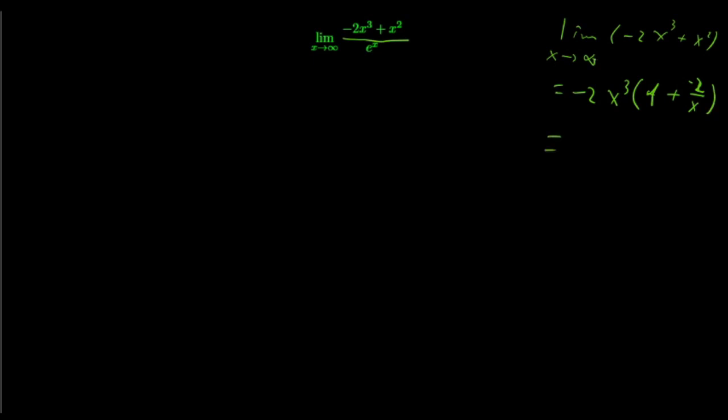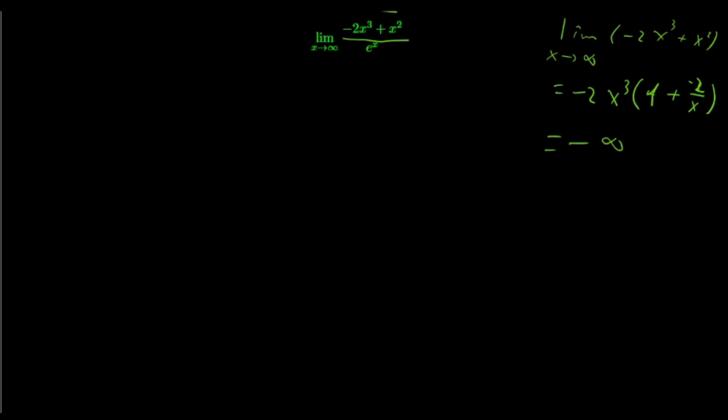So do you see as x gets larger and larger positive, this factor gets larger and larger negative? That factor gets closer and closer to 1, because negative 2 over x approaches 0, right? As x approaches infinity. So the answer is negative infinity. I'm trying to say the limit of the numerator is negative infinity.